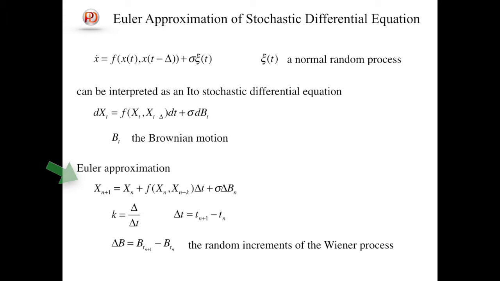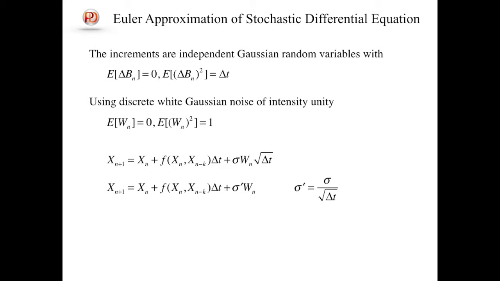In the equation, k is a number of the time-delay discrete steps, given by delta over delta t, and delta t is a time step, and is equal to tn plus 1 minus tn. And delta b is the random increments of the Wiener process, and equals b at tn plus 1 minus b at tn. The increments are independent Gaussian random variables with expectation 0 and variance delta t.